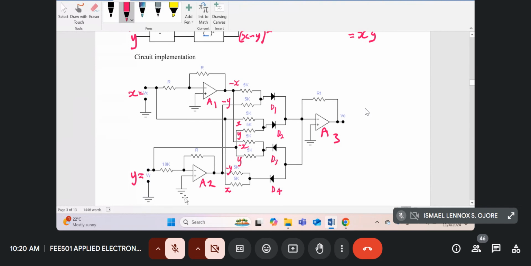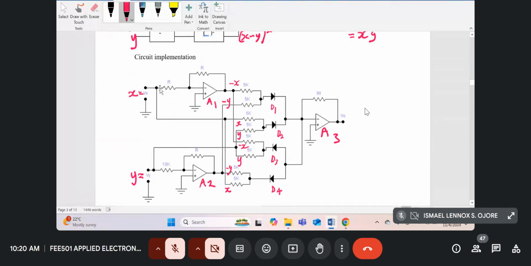Now, similarly, if you go to the bottom amplifier, A2, a signal y. Okay, let's go back to the input of A1. So a signal x is inverted, it comes out of the output of A1 as minus x.